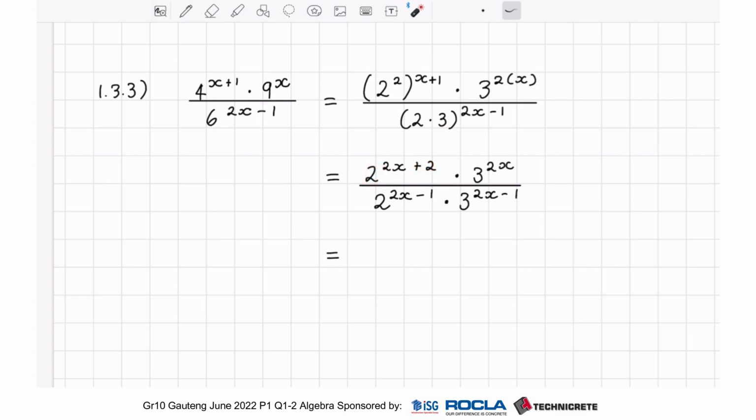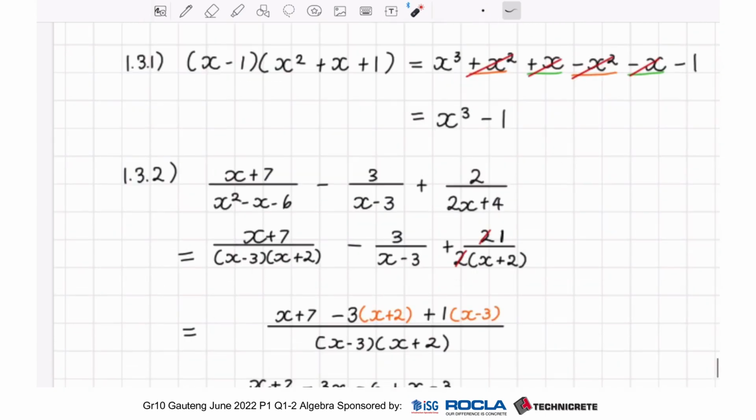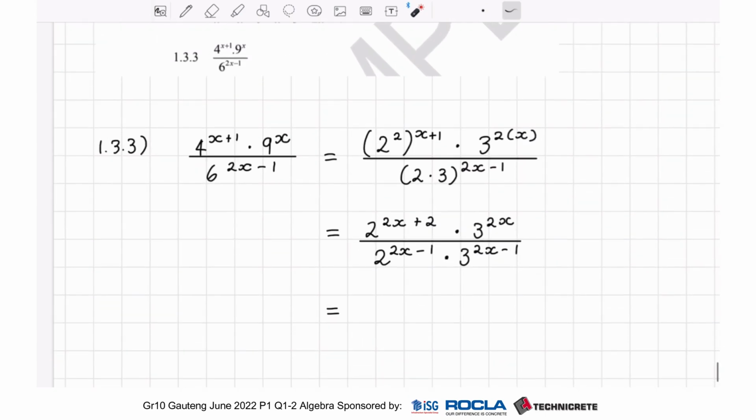So that means that 2 to the power of 2x plus 2 is the same as 2 to the power of 2x multiplied by 2 to the power of 2. And that's going to be the same for these two. So I'm going to have 2 to the power of 2x multiplied by 2 to the power of negative 1. And here I'll have 3 to the power of 2x multiplied by 3 to the power of negative 1.